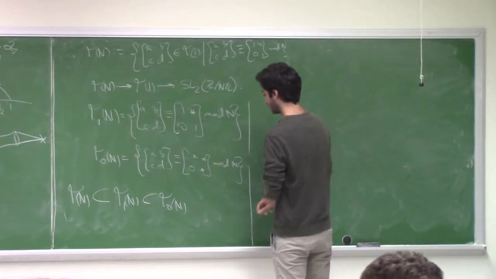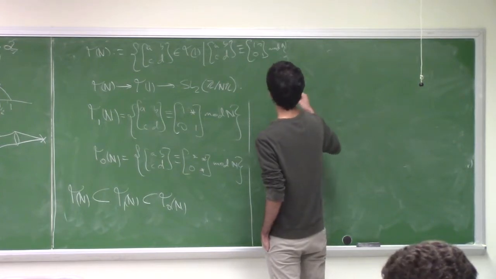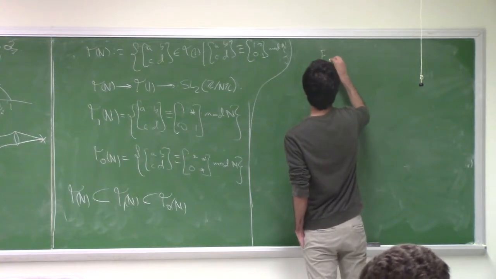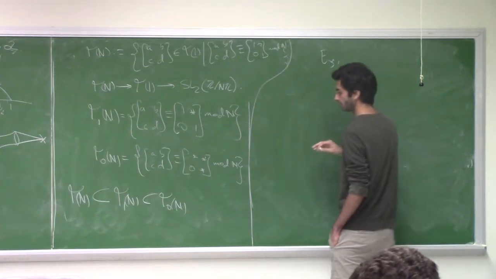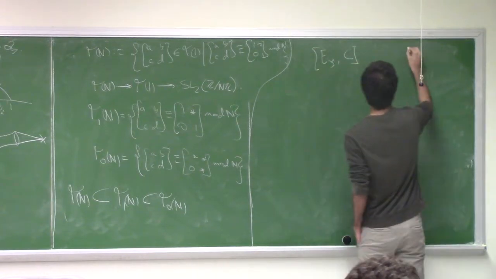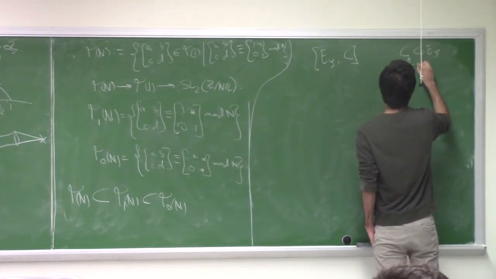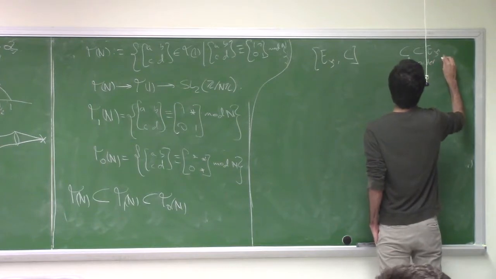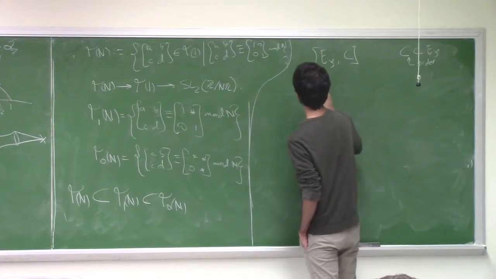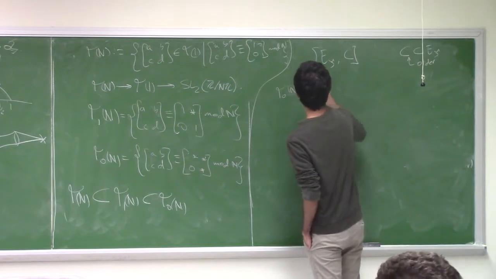Gamma 0n is the moduli space of equivalence classes of the following things: an elliptic curve E tau and a subgroup C of E tau of order n. So this will be the modular interpretation for gamma 0n.